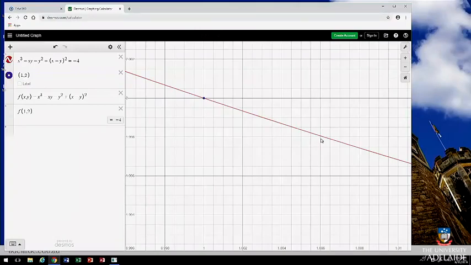How would you check it in the actual exam? It's a bit hard, but a useful thing you could do, if you really wanted to check it, is you could move the x a little bit and figure out what y goes with it. But again, you'd actually have to solve that equation, and we don't like that.